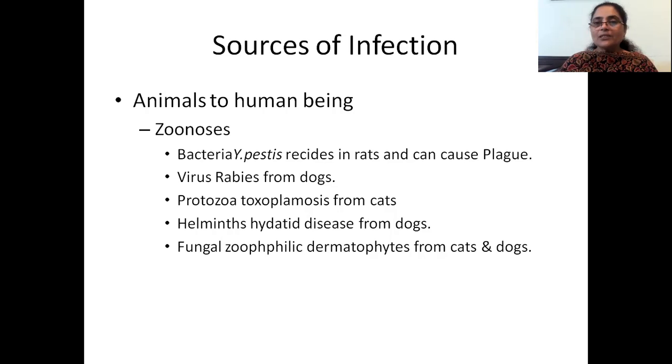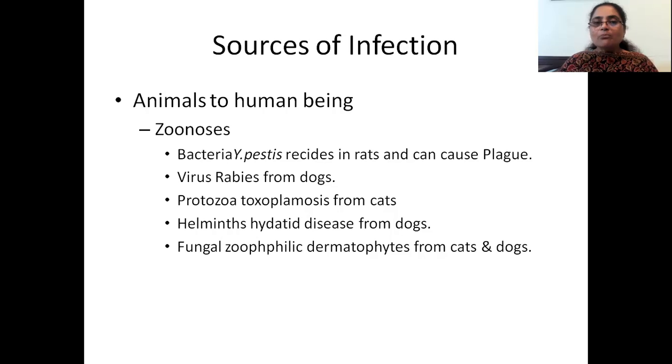When this microorganism is transferred from animal to human, it causes infections, and finally infections lead to diseases. This we have witnessed, and when the source of infection is animal to human, it is called zoonosis. Zoonosis is animal to human infection.